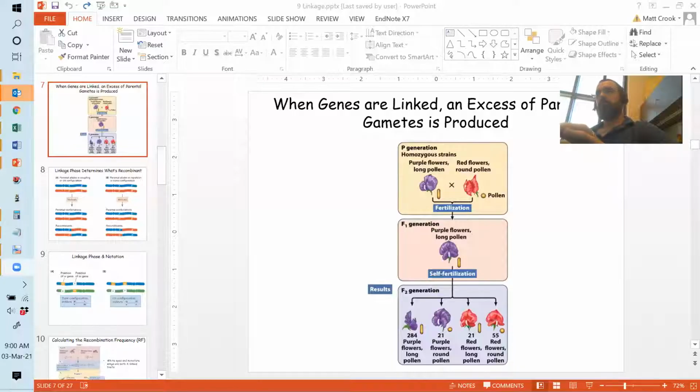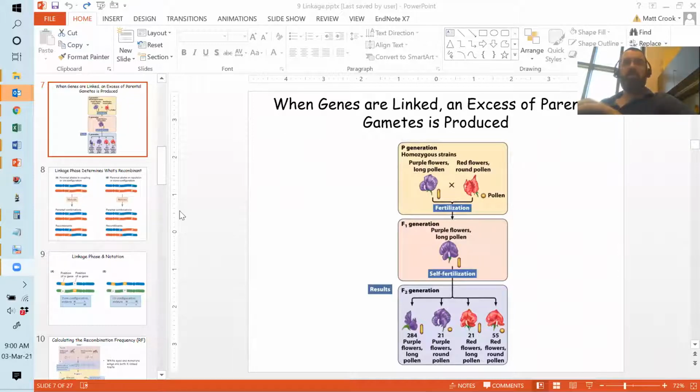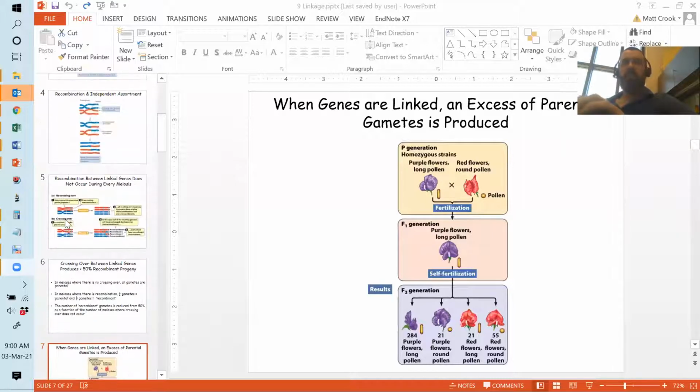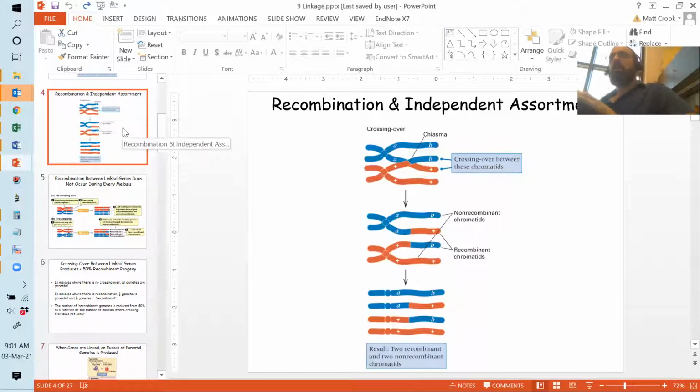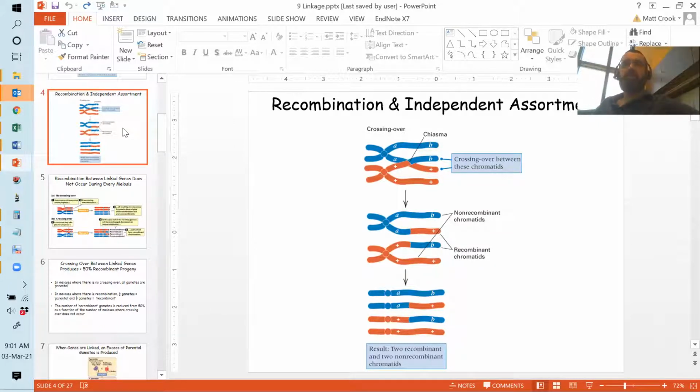All right, so just to recap, the process during prophase 1 of meiosis is when homologous chromosomes line up and swap bits of chromosomes to hold them together, for one thing, but also to shuffle the alleles that you have.